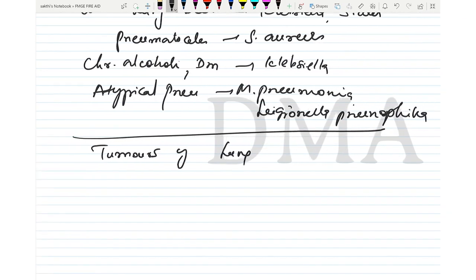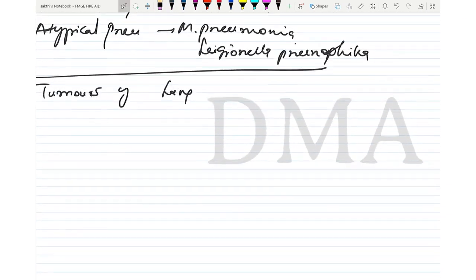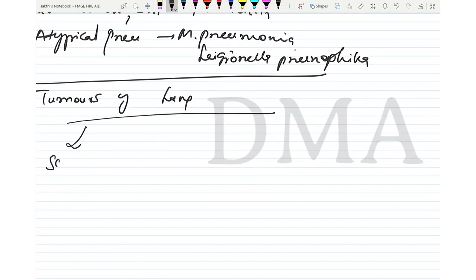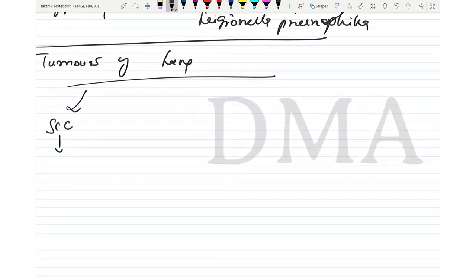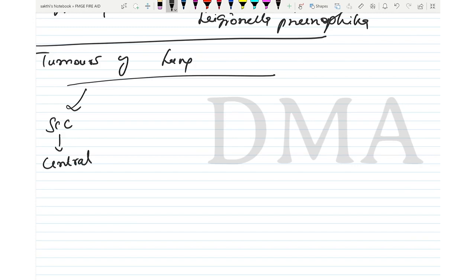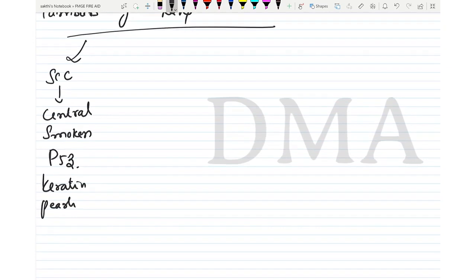So the next one is adenocarcinoma of the lung. It is the commonest type of cancer that is seen in both males and also in females. Very common in non-smokers. It is a peripheral type of cancer associated with KRAS mutation.